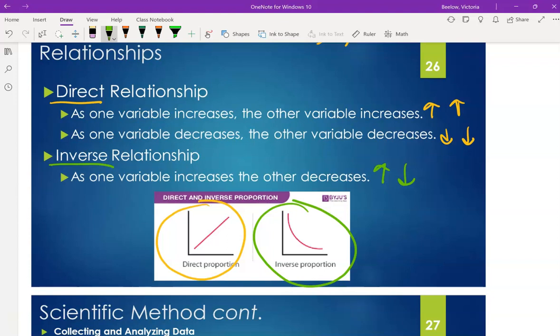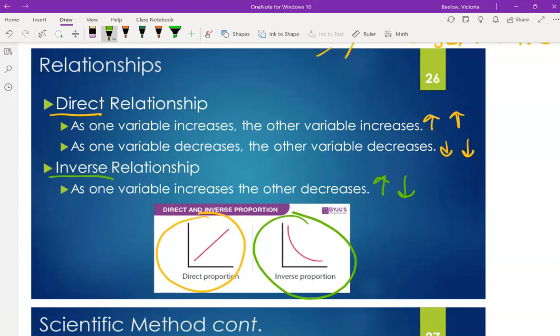That would be an example of, we don't say indirect, we say an inverse relationship. So those are just two types of relationships that you might see come up, inverse and direct. You might see those terms come up. Those are what they mean.